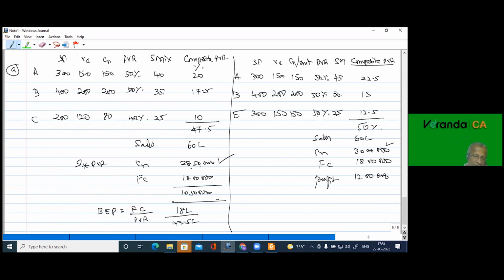That gives you 37 lakhs 89,474. In this case, break-even point is equal to 18 lakhs divided by 50%, which is equal to 36 lakhs.